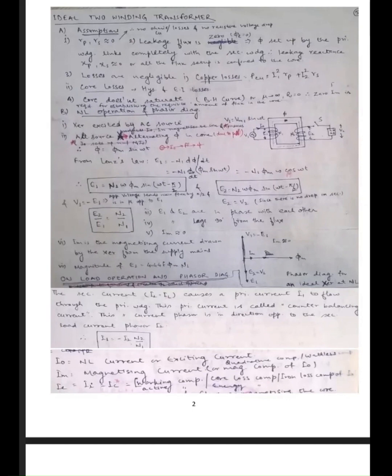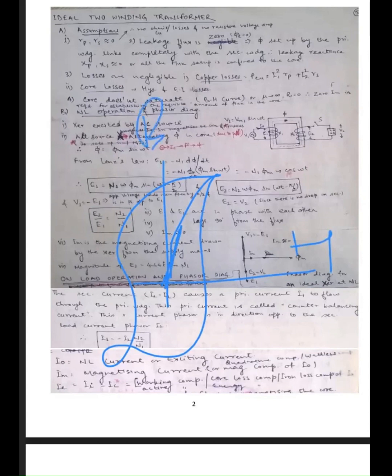Next is that the core does not saturate. Ideally, the iron parts follow the hysteresis curve, and there should be a linear relationship B equals mu H between B and H. But what happens is that after a passage, as H grows, the core saturates.